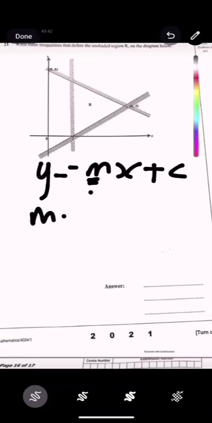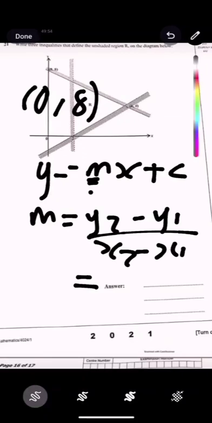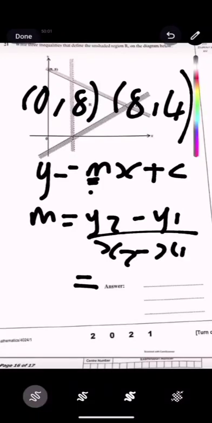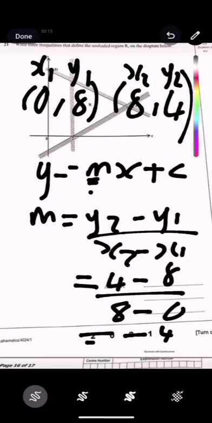So m is equal to y2 minus y1 over x2 minus x1. The points we have are 0,8 and 8,4. So x1, y1, x2, y2. y2 is 4 minus y1, 8, over x2 is 8 minus x1, 0. 4 minus 8 is negative 4, 8 minus 0 is 8.